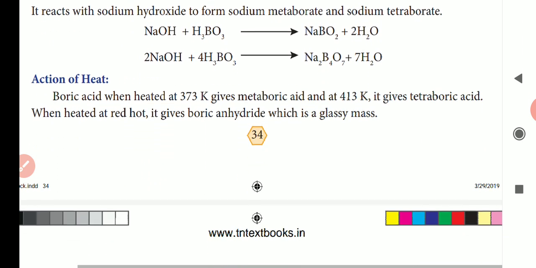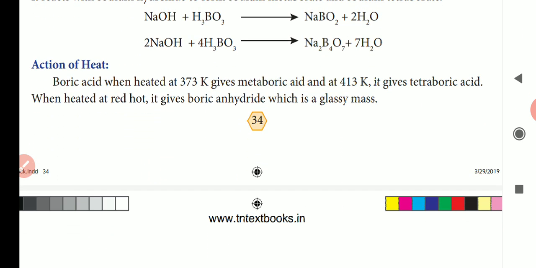Next we will discuss the action of heat, another very important 3 mark question. What is the action of heat on boric acid?